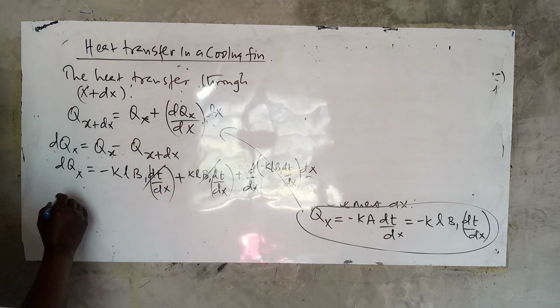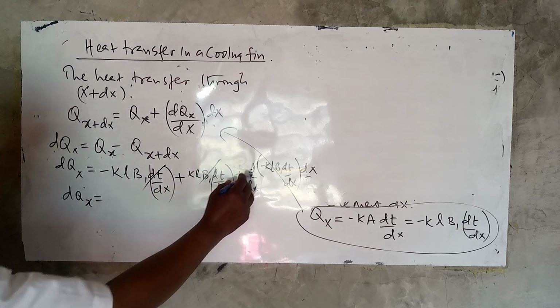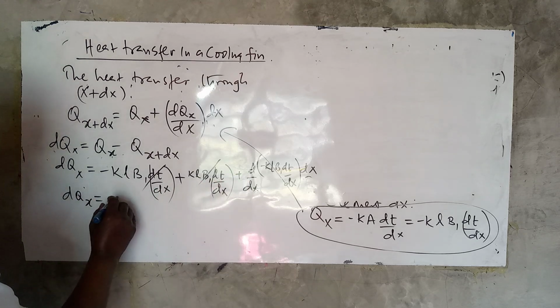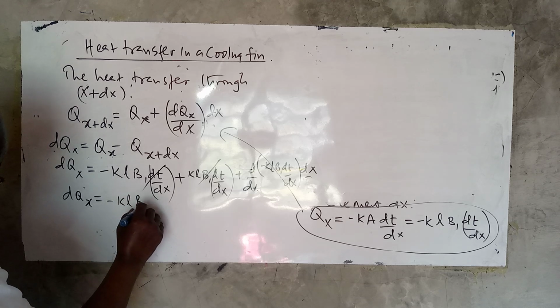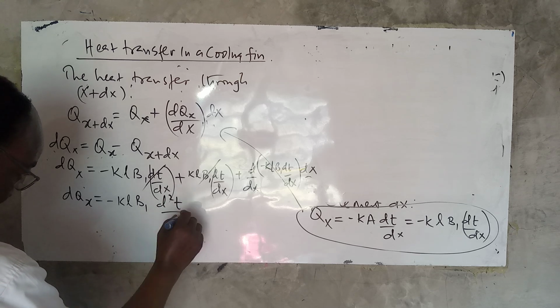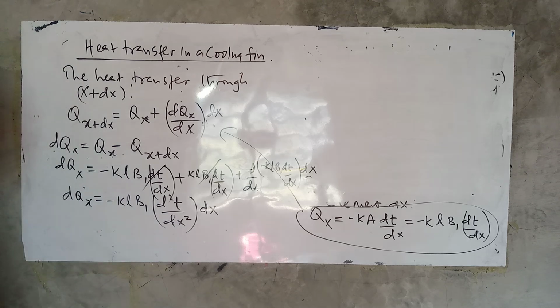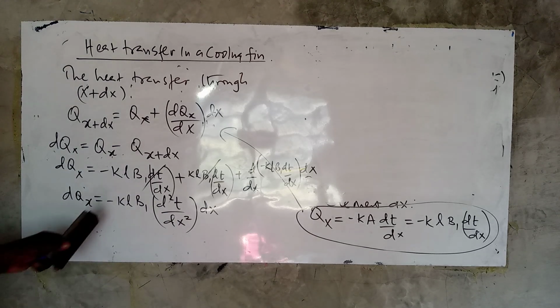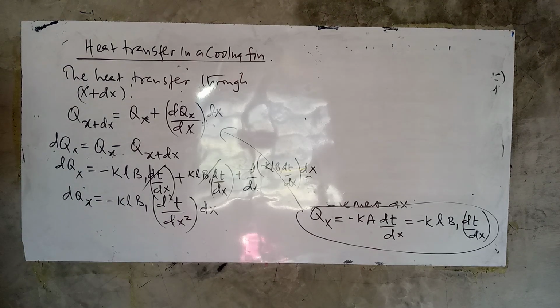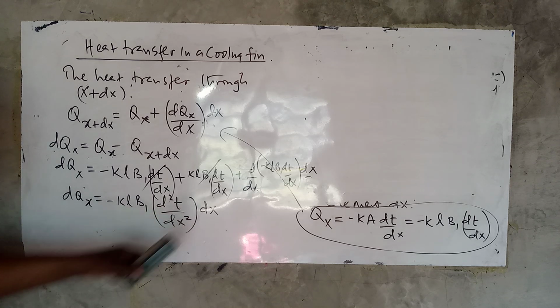So the two have cancelled out, and we have dqx equal to minus k l b1 d2t over dx squared dx, minus k l b1 dt squared dx.